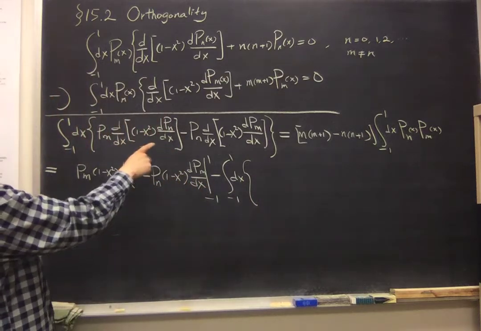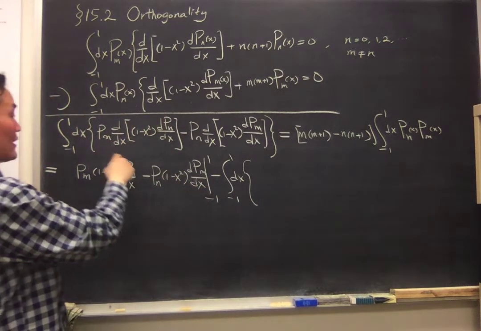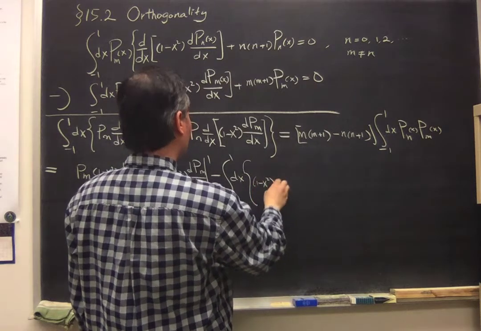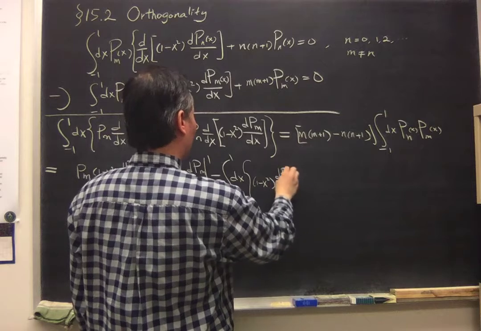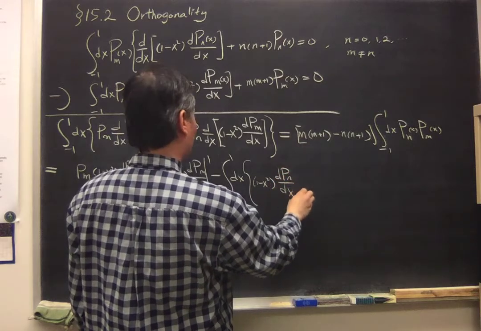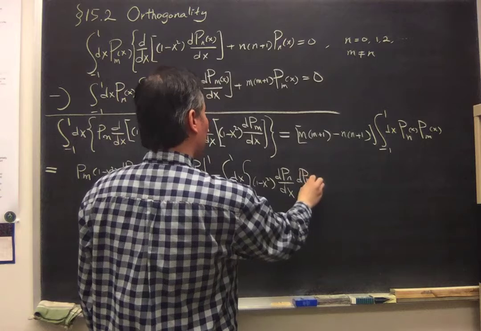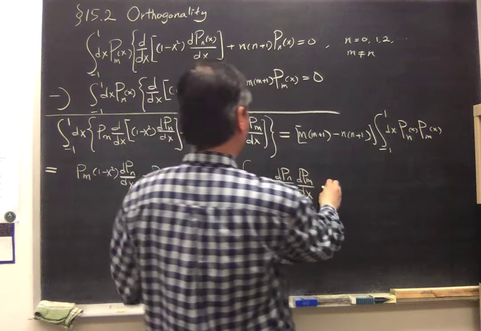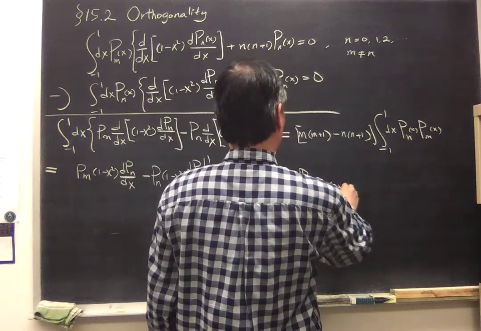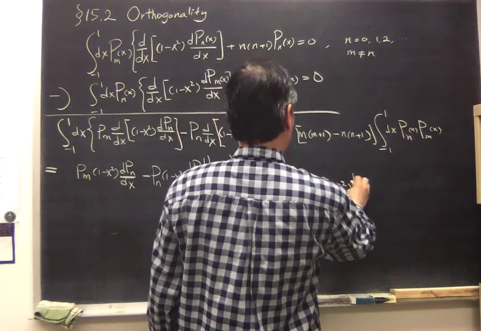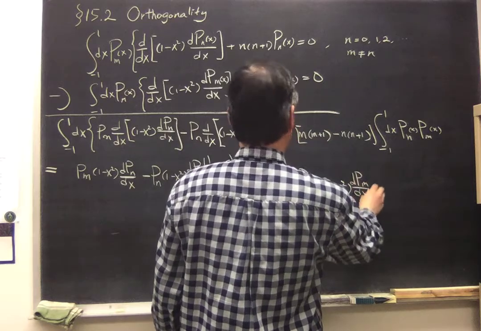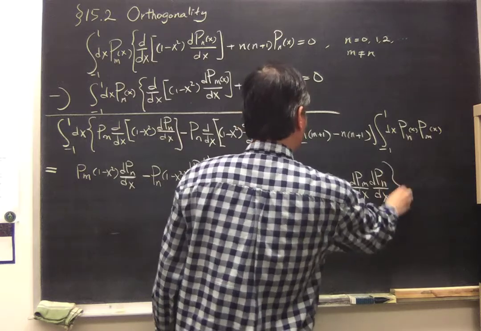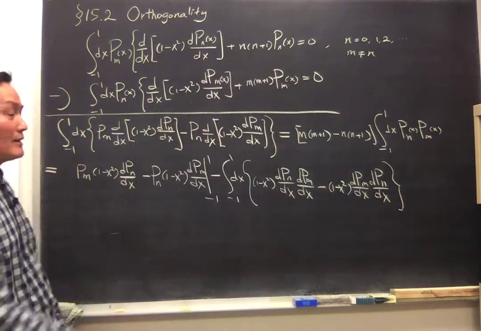When you do integration by parts, you have this times the derivative of that, so it's (1 minus x squared) dP_n/dx dP_m/dx. For the other term, you subtract the same factor, dP_m/dx dP_n/dx.